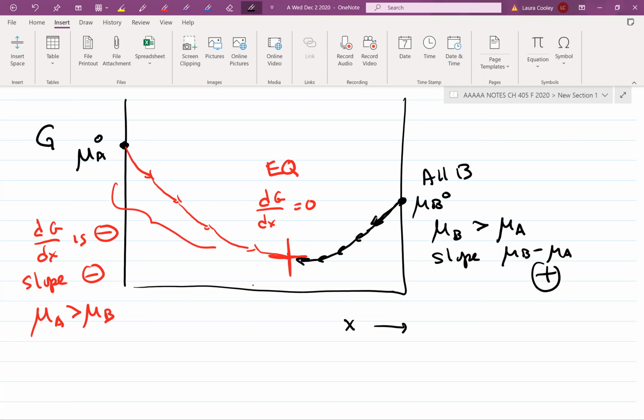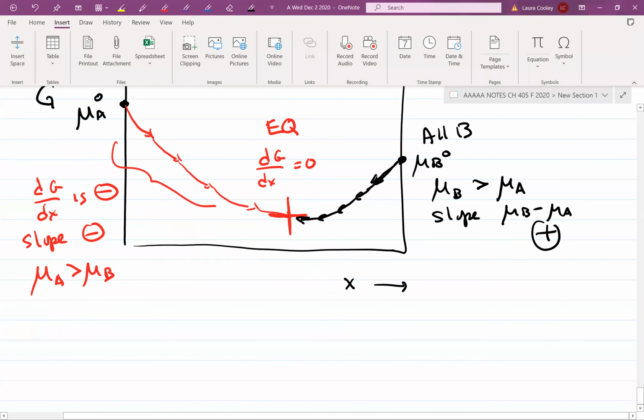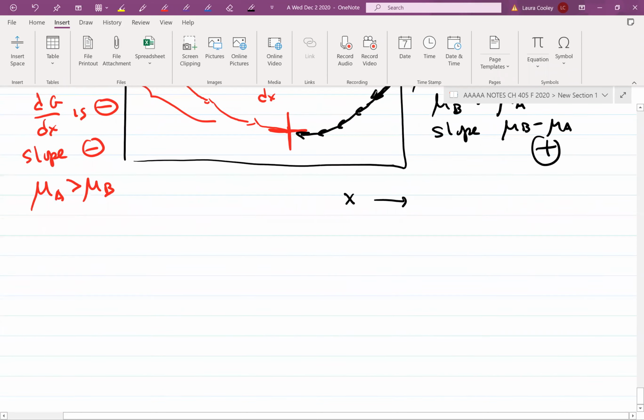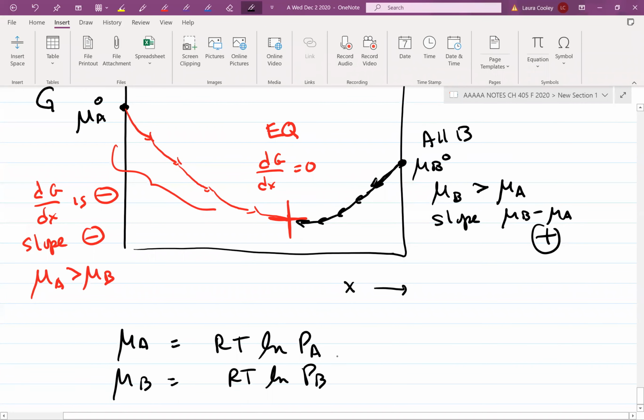So this is kind of a cartoon. I didn't prove anything here, but what I'm going to do now is go back and take those equations that we had, that mu A is RT times the log of PA, and mu B is RT times the log of PB.